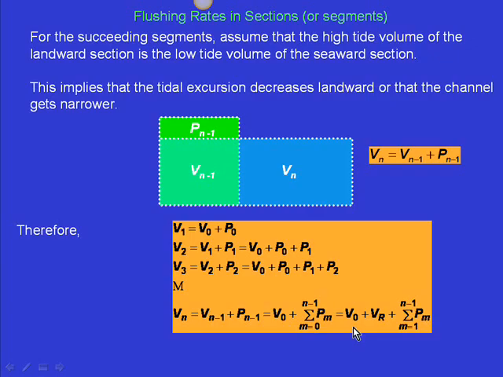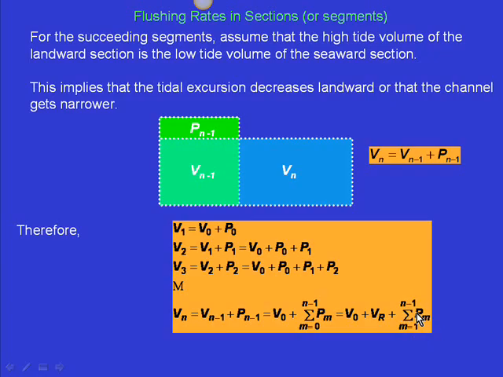So in other words, there's the river segment volume, the freshwater volume, plus the sum of all the intertidal, the tidal prism segments.